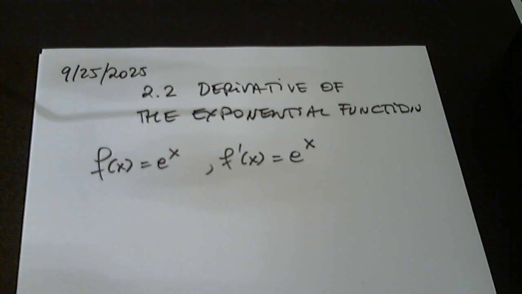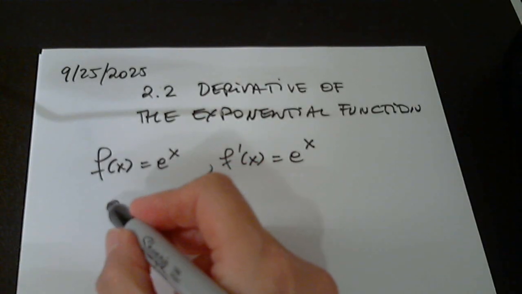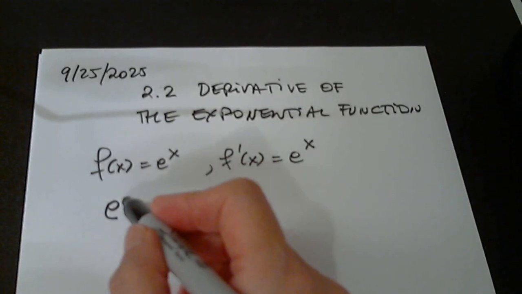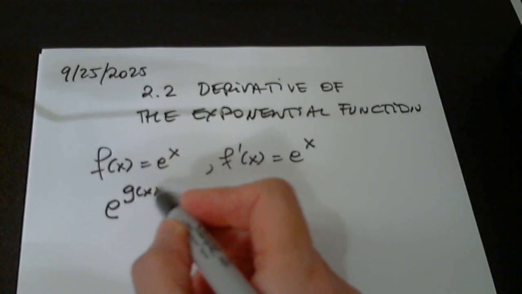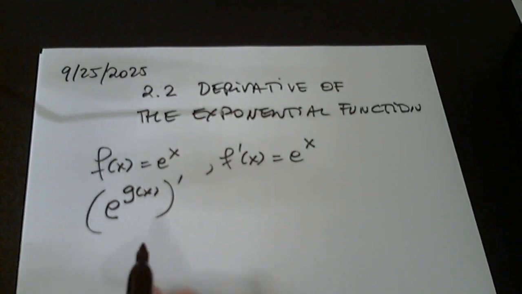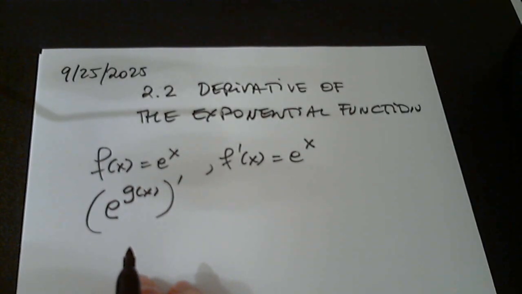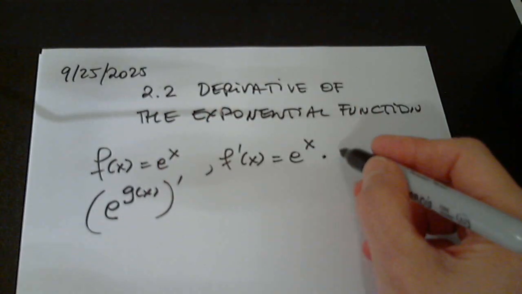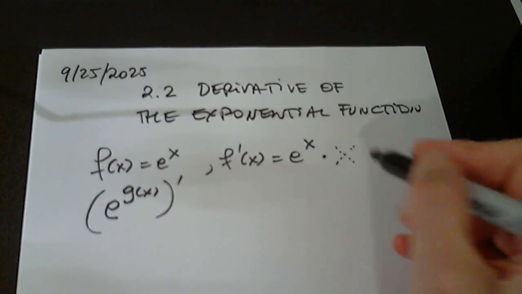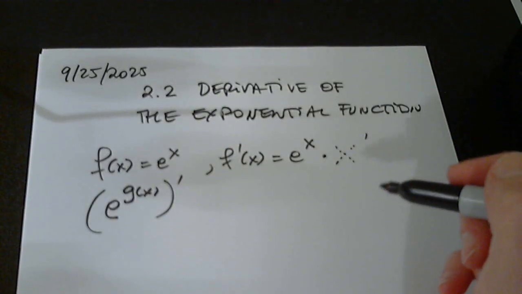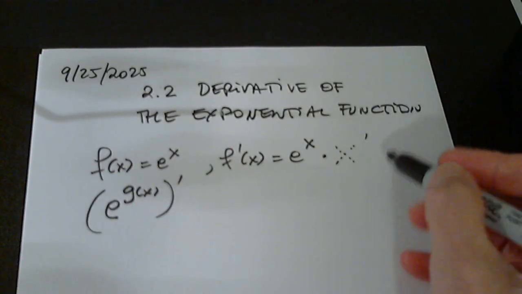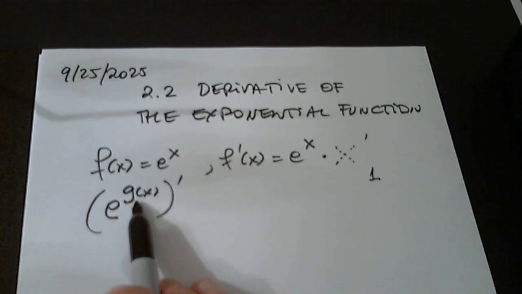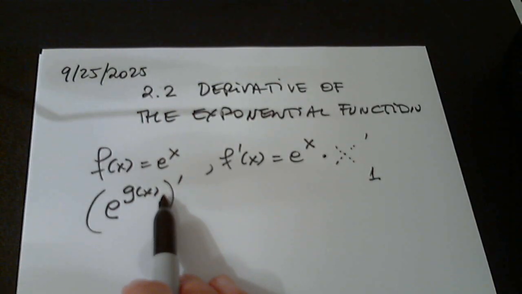Now, if we have a function that is e to another function, let's say g of x, then I have to use the chain rule. So e to a function, I should also write here times x prime, but I don't, because x prime is 1. But g is a function. Its derivative most probably is not 1.